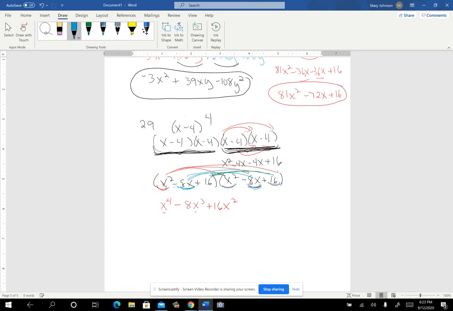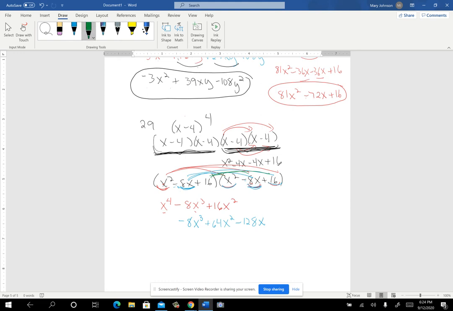I could have taken and multiplied those first two, and when I got negative 8x to the third, put it lined up under the cube term. Then when I did the middle two and got 64x squared, line it up under the squared, and then I had that minus 128 that just was with x. Okay.